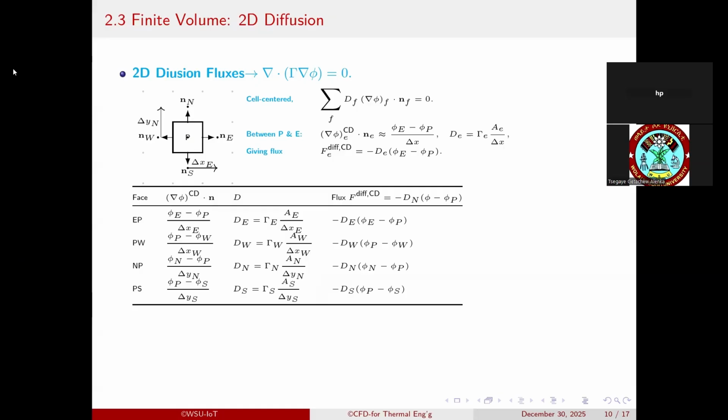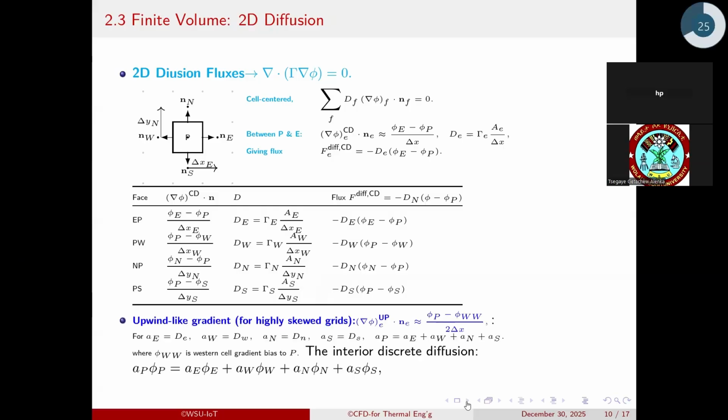Notice here, we select just the bigger value. Otherwise, the same diffusion.